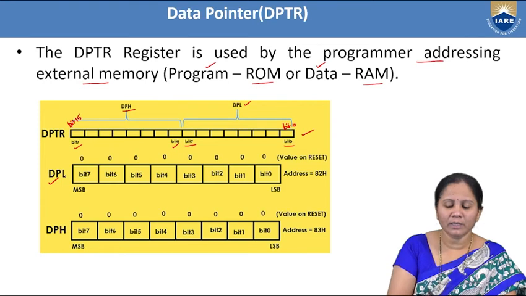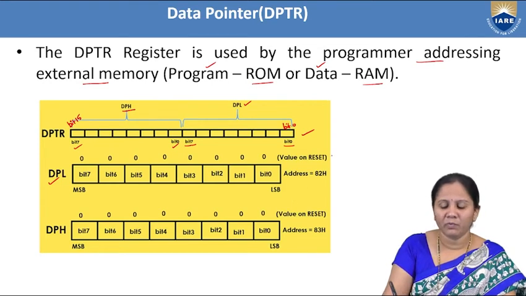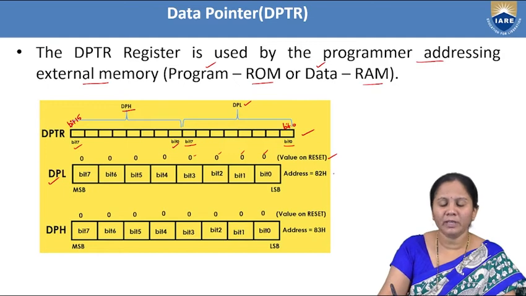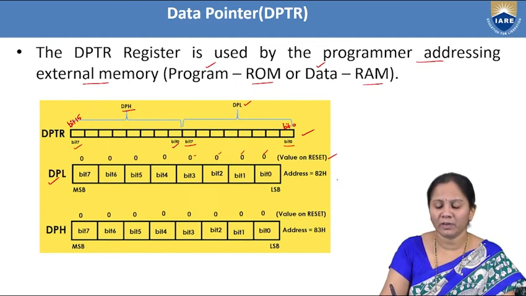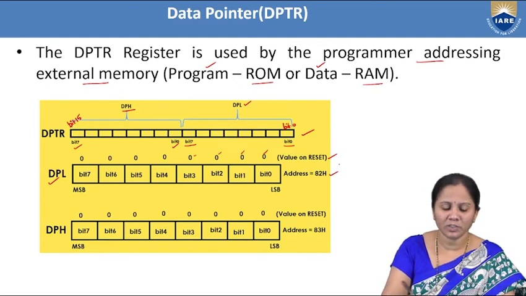DPL is an 8-bit register. When it is reset, all the bits present in DPL will hold a value 0. And for DPL, the fixed address in the SFR address space is 82H.